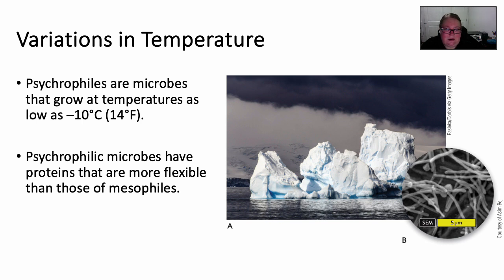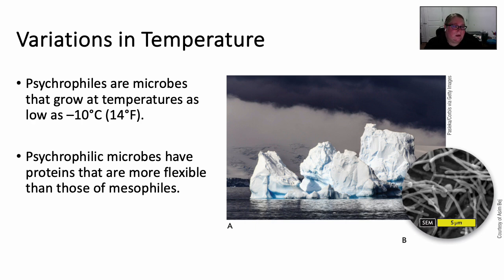A lot of times when we're saving things for our class, we have a bunch of standards, what we call slants of bacteria, that we use to do our experiments with. I keep them in the fridge between me and Mrs. Taylor's classroom at about 32 degrees Fahrenheit, and they don't grow. They just stay dormant. So the fact that psychrophiles can grow at even colder conditions than the refrigerator we keep our slants in is kind of crazy.